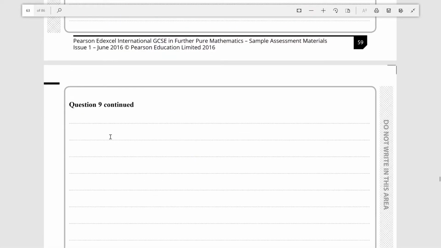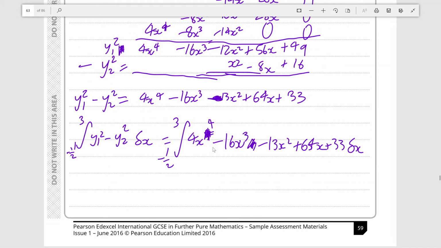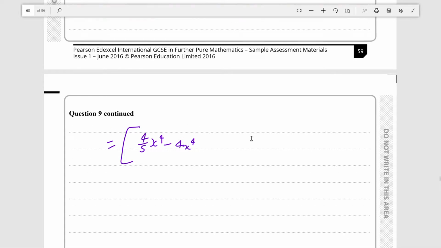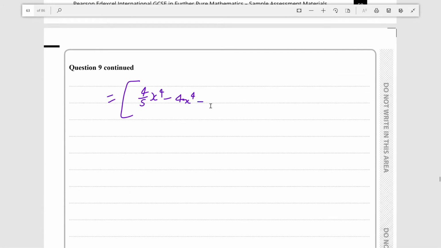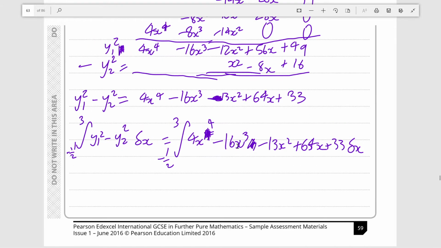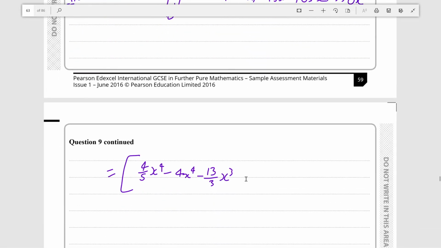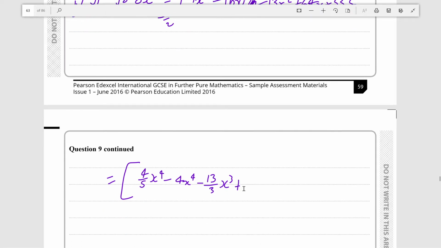And then this is equal to the bounds of, so 4x to the power of 4 integrated, that's just 4 over 5 x to the 4, and then minus 16x cubed integrated, that's just minus 4x to the 4, and then minus 13x squared integrated, so minus 13 over 3 x cubed, and then plus 64x, integrate that, and you'll get plus 32x squared.